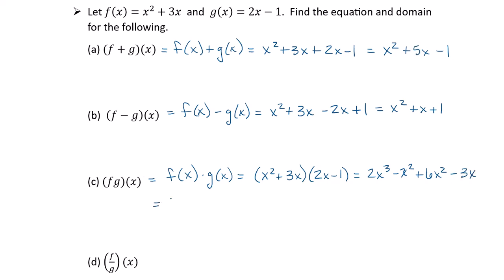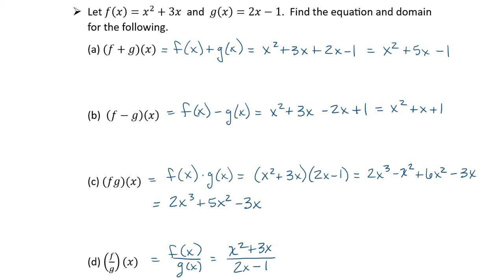When we simplify, we'll have 2x cubed plus 5x squared minus 3x. f over g of x is defined as f of x over g of x. We have x squared plus 3x over 2x minus 1.